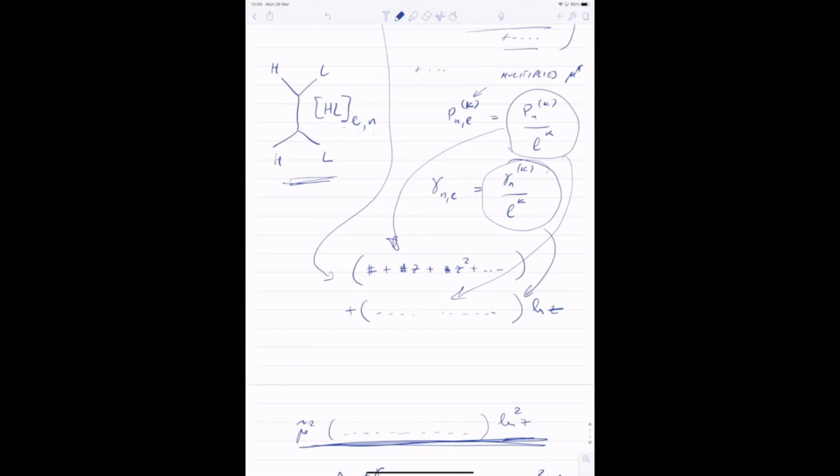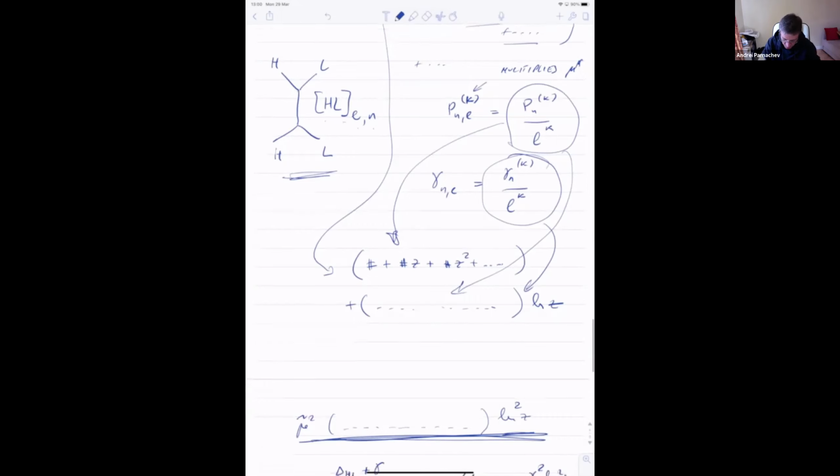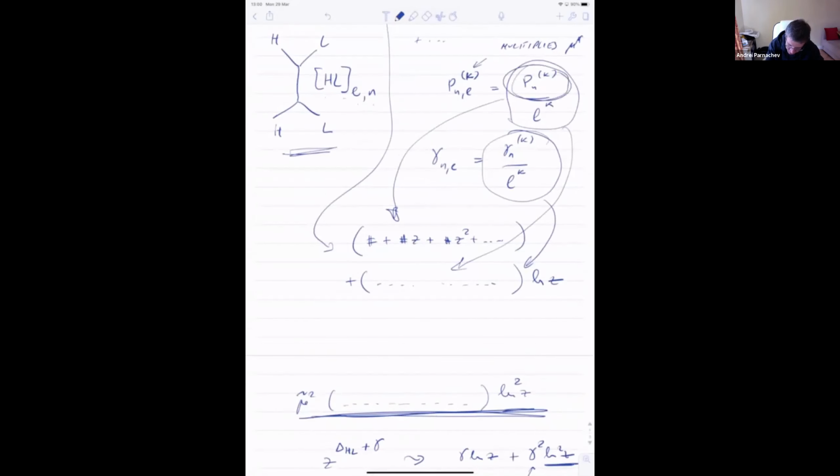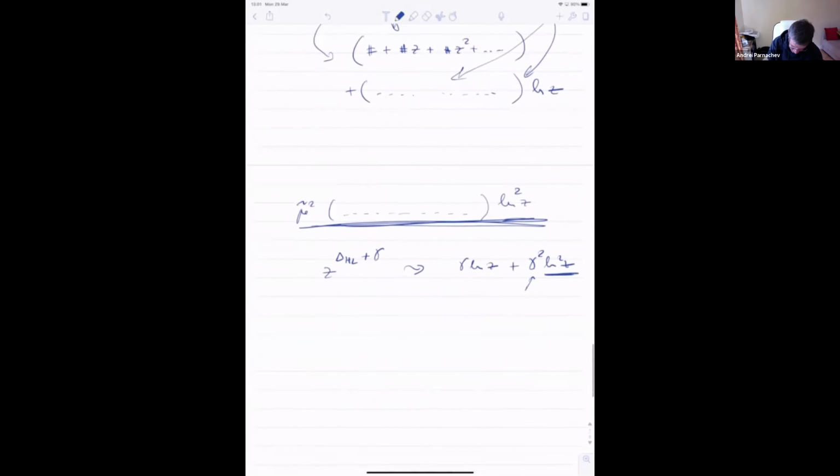And which operators do you have to keep to reproduce any particular order in that expansion? Yeah, so you have to keep all of them, but now the expansion in powers of mu tilde are the expansion of these coefficients. First of all, this behavior in L is fixed by the 1 minus z bar behavior.